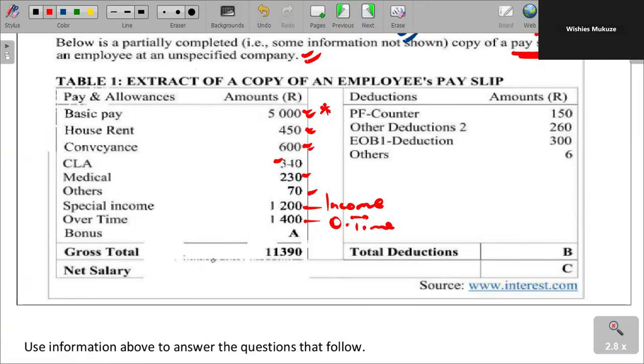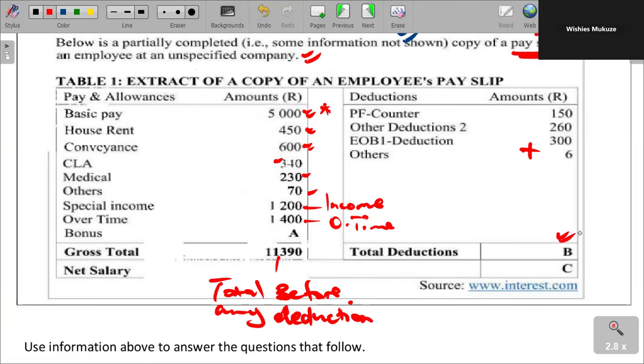So the gross total is the total before any deductions. Then we have the total deductions amount, which is a sum of the deductions.